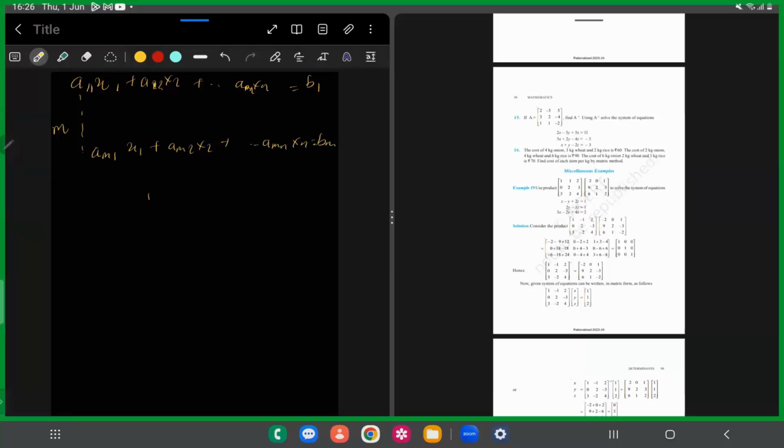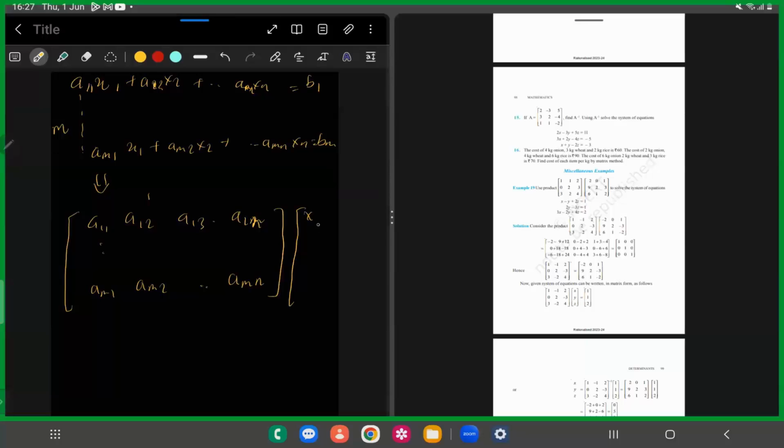And if we simply represent this in matrix form, then this equation is simply a11, a12, a13, up to a1n, and so on down to am1, am2, up to amn. This is n. And if we multiply this by x1, x2, x3 up to xn, this would be equal to b1, b2, up to bm.